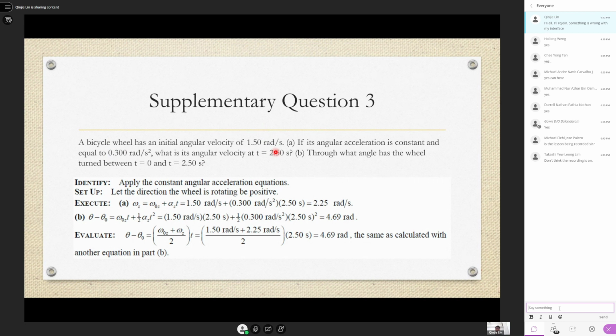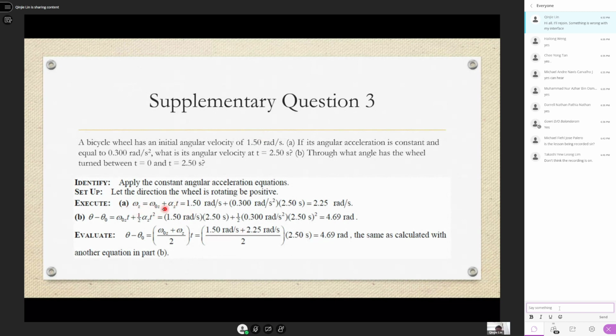So you see, you are given three quantities. You can confirm find the fourth one, same as your linear kinematics. Given three, find the fourth one, and choose the correct equation to use. It asks you what is the angular velocity, so this is the equation you're going to use.